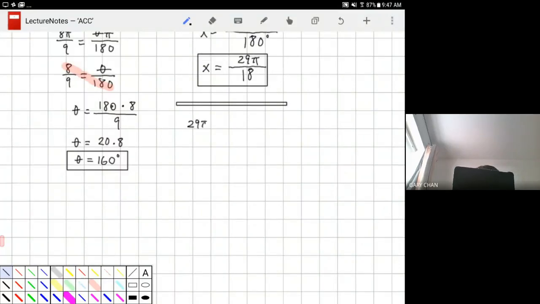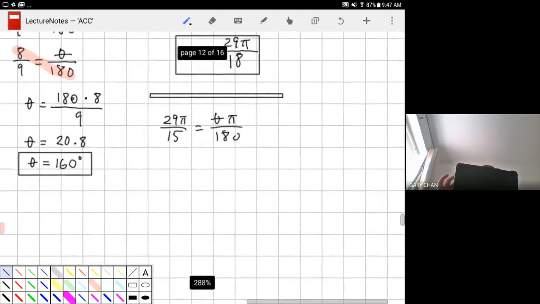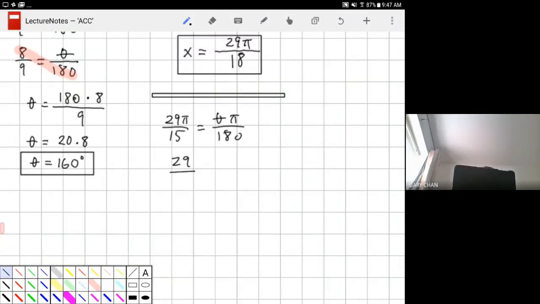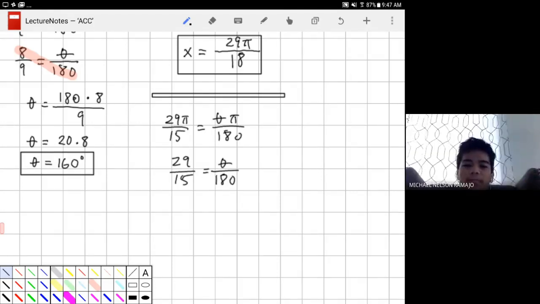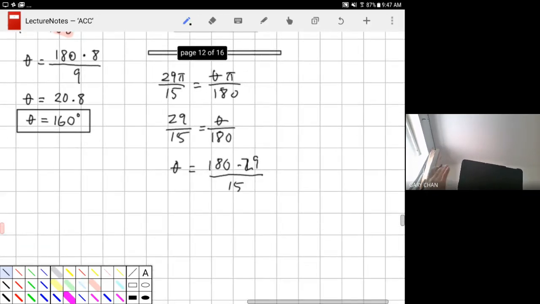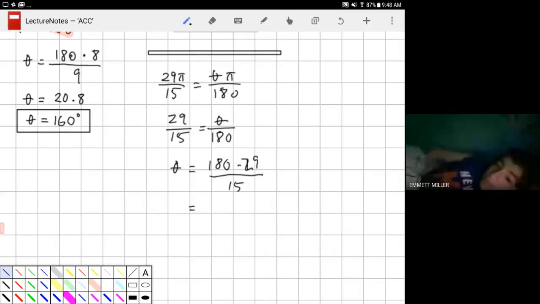So 29 pi over 15 will equal theta pi over 180. And what happens to the pi's there, Michael? They get canceled out. I get 29 over 15 is equal to theta over 180. Then cross multiply. Theta will equal 180 times 29 over 15. And before we multiply this out, let's get in the habit of reducing.